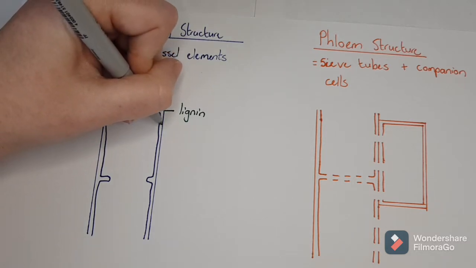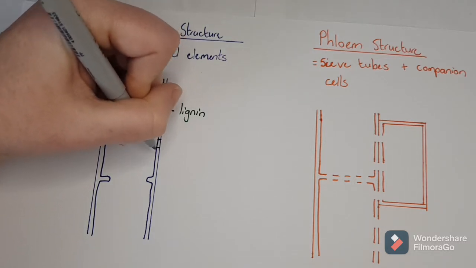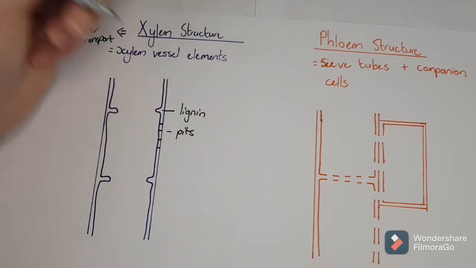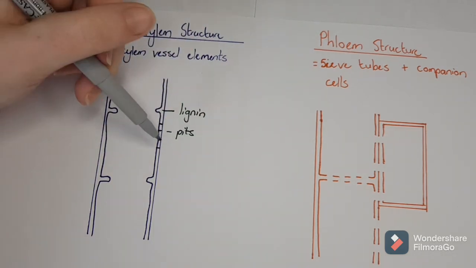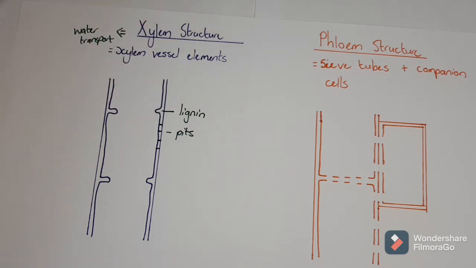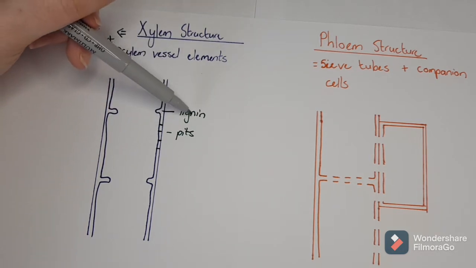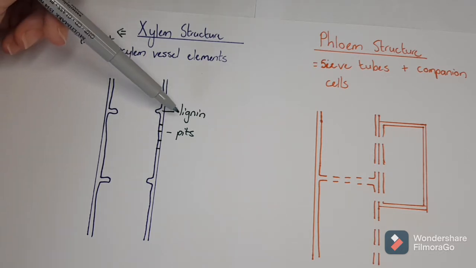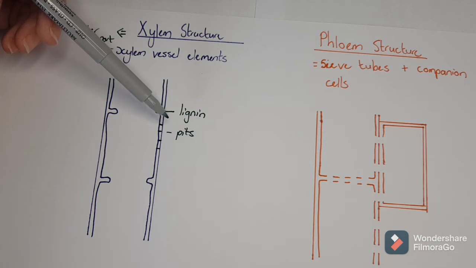But sitting inside the lignin, you have all of these little things that we call pits, which have cellulose in them to allow the water to diffuse through. So most of it is then going to be lignin. That lignin can be in patterns or it can be solid with just pits. It depends on the plant. But all xylem vessel elements will have lignified walls.